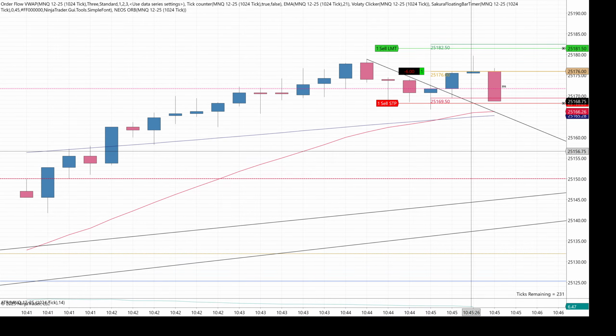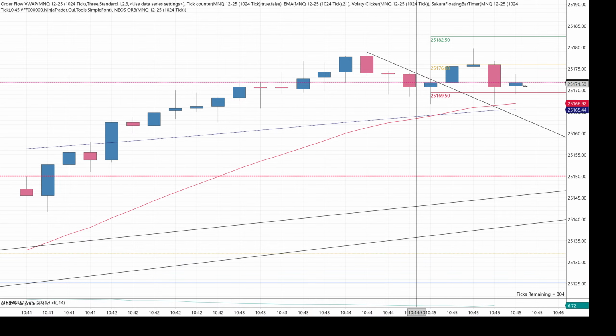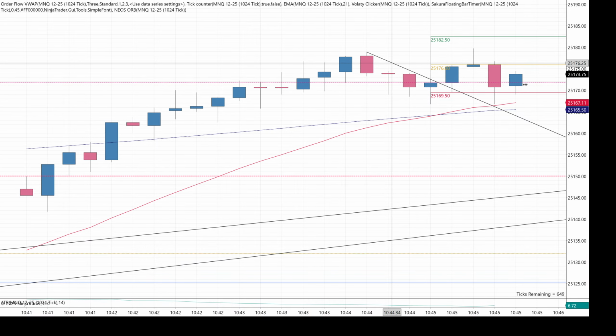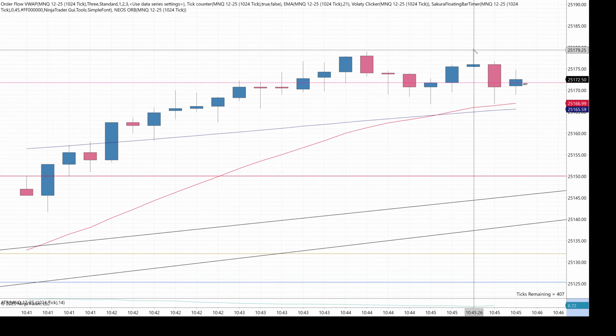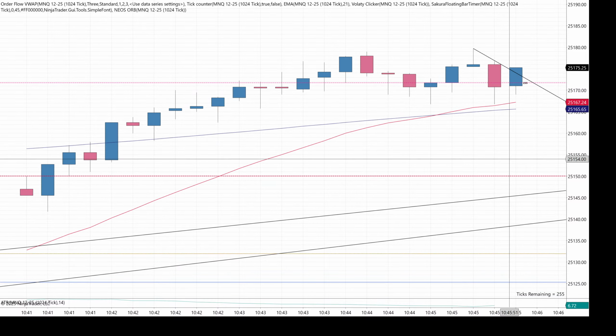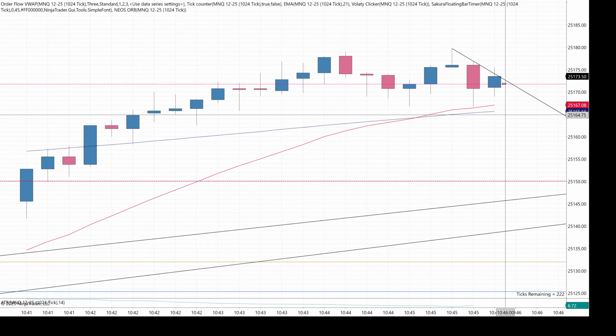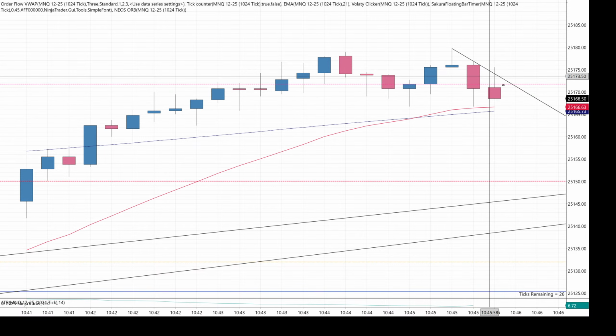This might be a stop loss. Yep. Sucks. We have another chance at it right here. Nope.